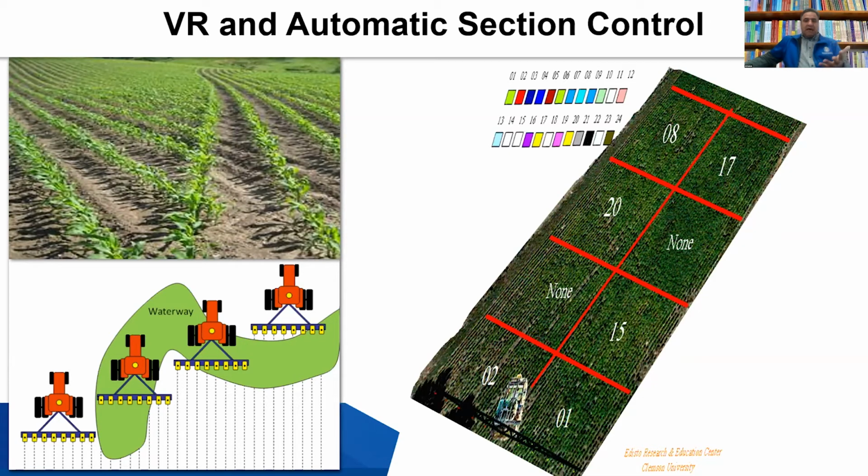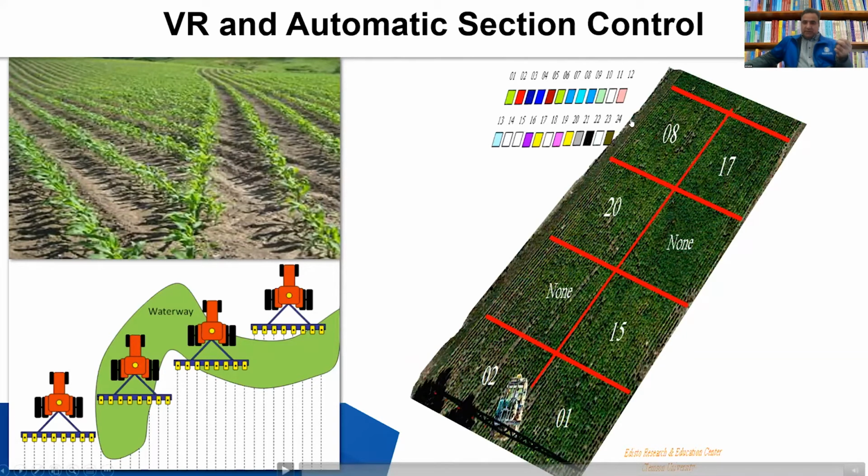Today, we have single unit automatic control to control units individually. And also we have automatic section control, which can help to avoid planting with overlaps. On the other hand, variable rate technologies would help optimize our operation. I have this animation here.